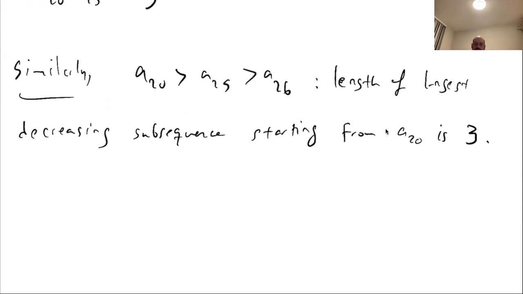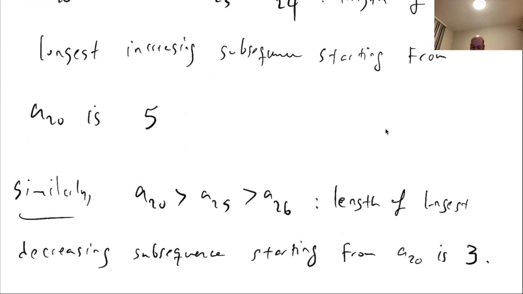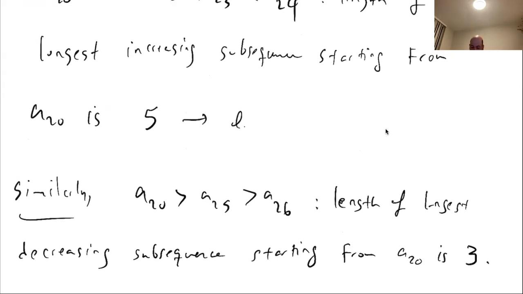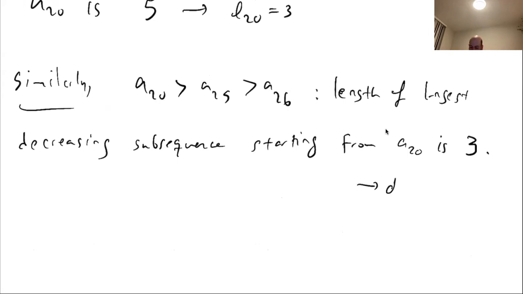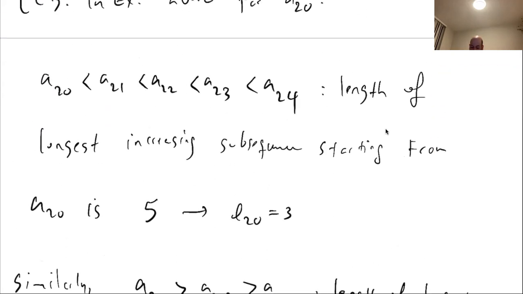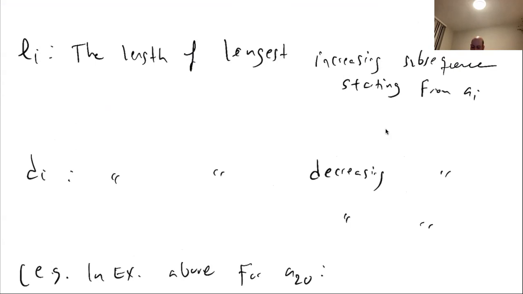Okay, so basically I call this number L20 and I call this number D20. Li is the length of the longest increasing subsequence starting from Ai. Di is the length of the longest decreasing subsequence starting from Ai.